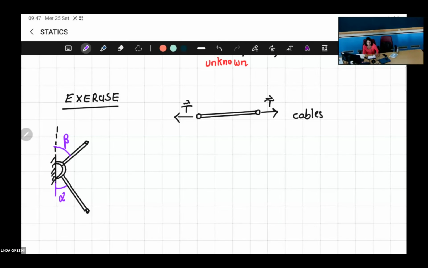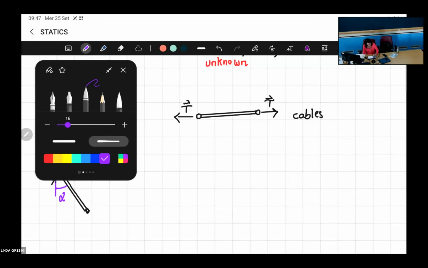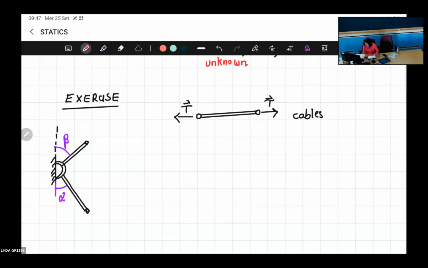Okay. These two cables are subjected to two forces. So the forces are F1 and F2.